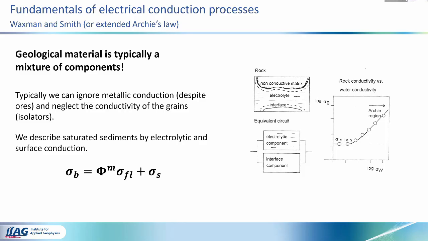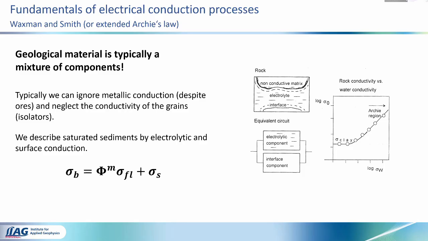If this becomes high, this term becomes high and outplays the second term. I'm pointing to this because in a marine environment, fluid conductivity is typically high because of the saline water. And if this fluid conductivity is high, this term is high, and this one is comparably low.